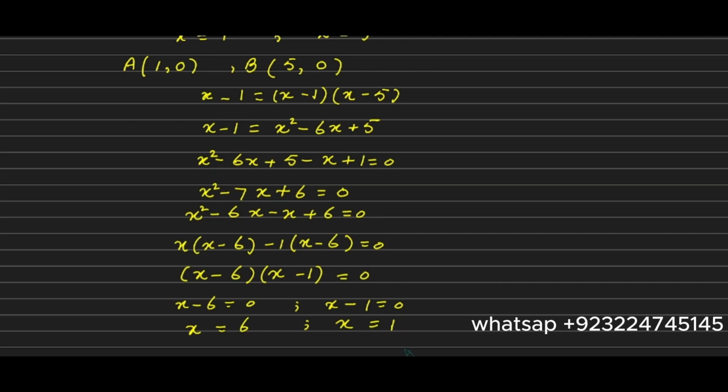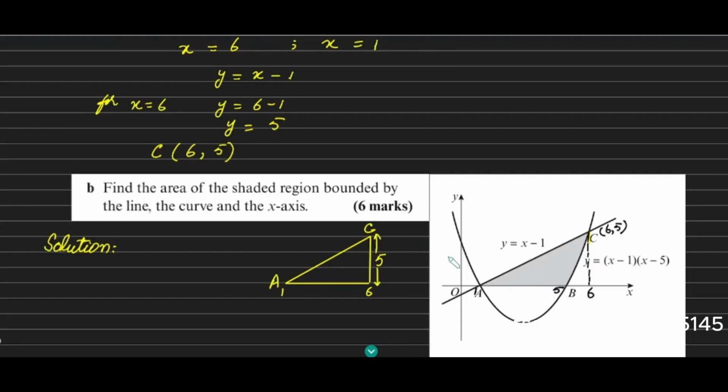Now we have to find the shaded area which is bounded by the line and the curve and x-axis. At first, we draw a perpendicular from the point C, which is shown here as x is 6. We find the point C, which has coordinates 6 and 5.